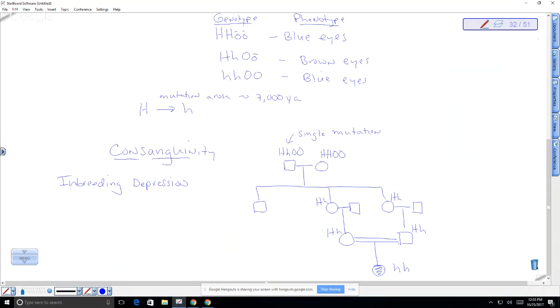And then we breed them together, and then we wonder why they have diseases, right? So inbreeding depression means that the offspring are more likely to have 2 copies of the recessive alleles for a single gene.